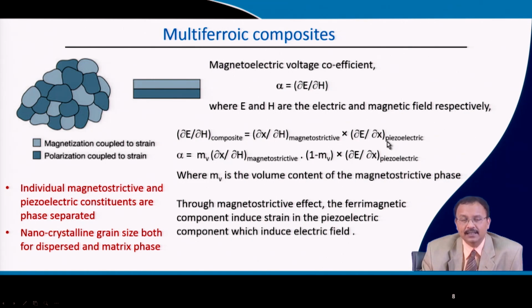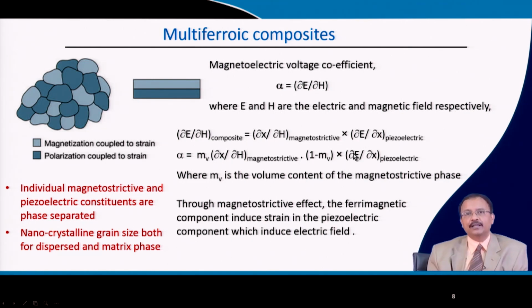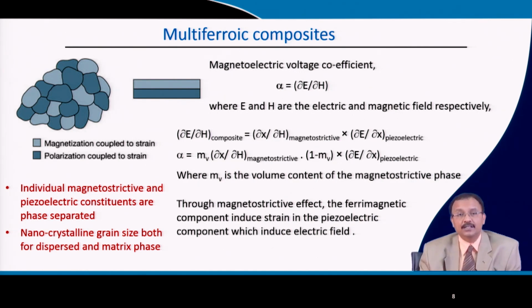This strain can induce an electric field. You know that when you apply a stress, which is proportional to strain, then eventually it generates an electric field. So, this is a cross effect of these two different phases.